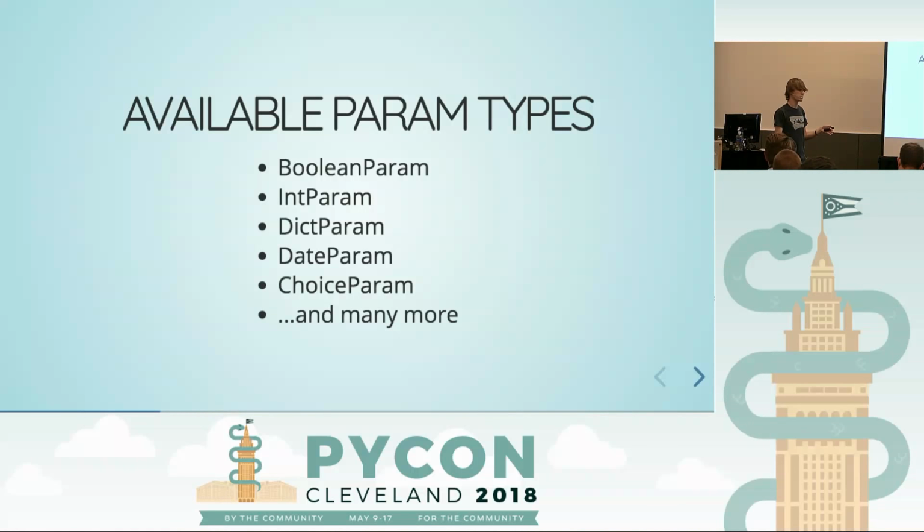Any of the primitive types have these specific param types, and there are also some more detailed ones, like if you want to pass a dictionary, or even things like datetimes you can pass through. And there are ones that have some sort of control structure. So there is an OptionalParameter and there's a ChoiceParameter. So you can really specify what this parameter should be and add a little bit more functionality than what Python would normally give you off of just a regular old type.